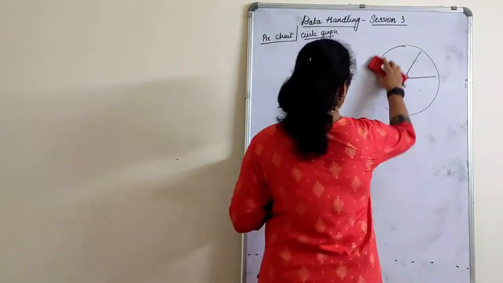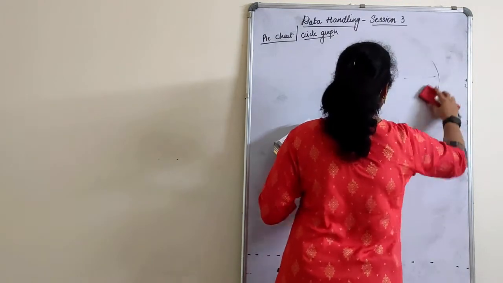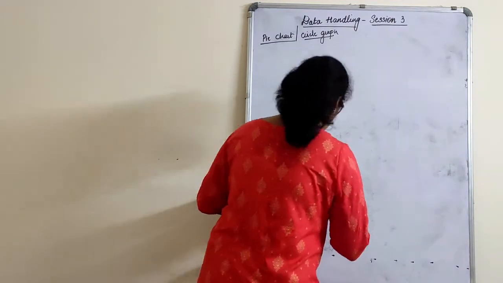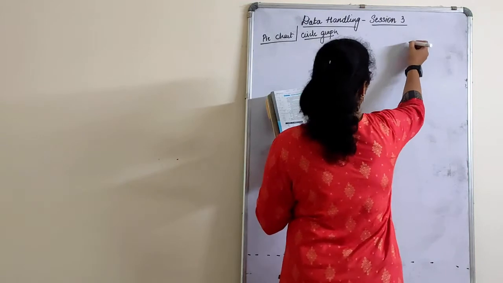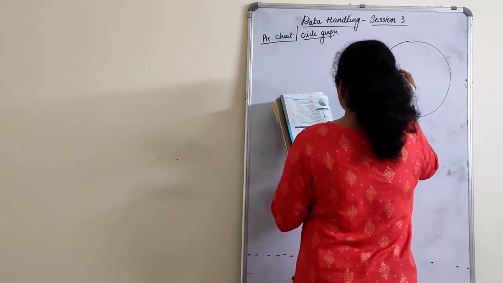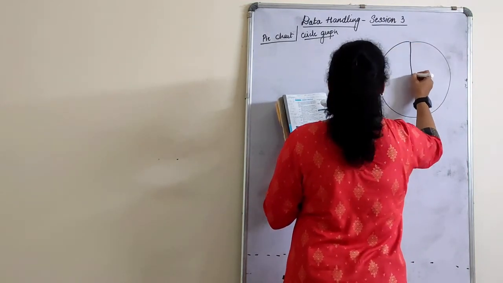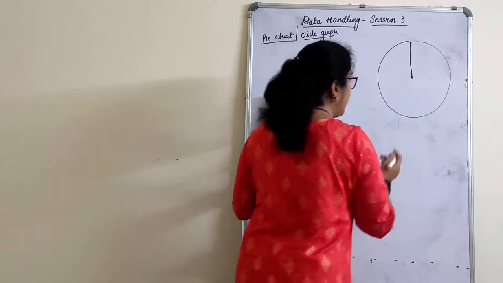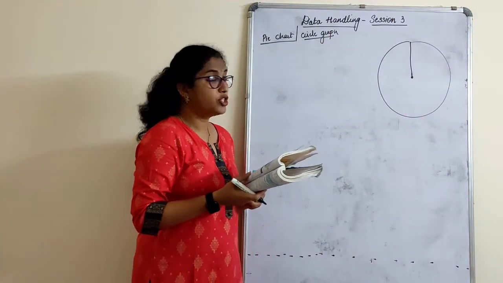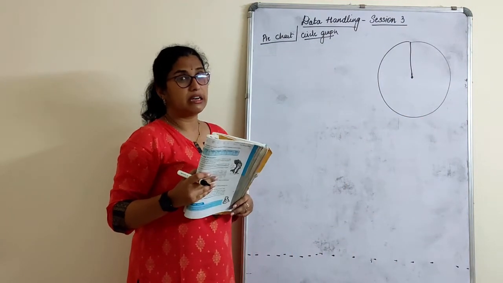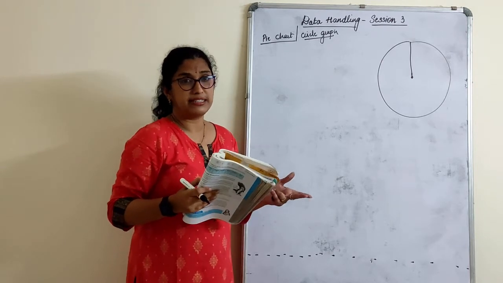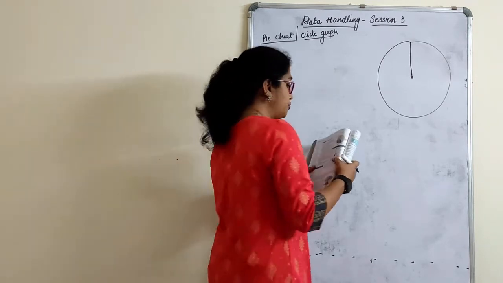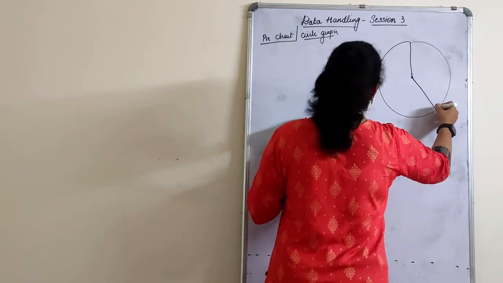Exercise 5.2, the first one. They have already given you the pie chart, so as it is given, let's draw this. Draw a circle; you can take any measurement, say 4 or 4.5 centimeters. I think that would be more than enough to draw.